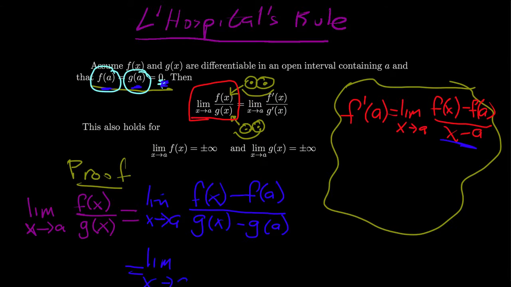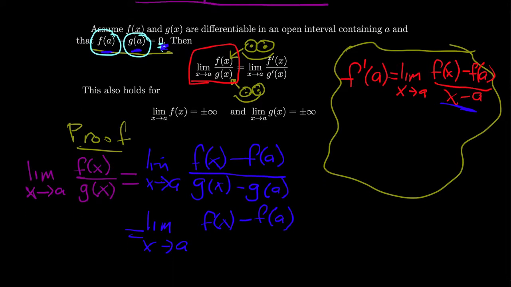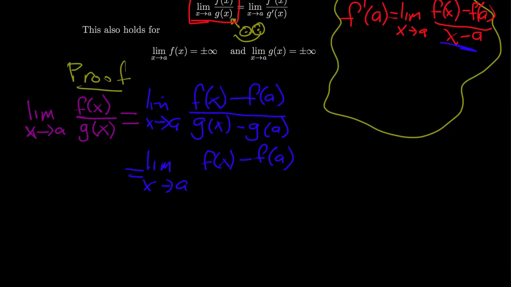So check this out. Limit as x approaches a of f of x minus f of a over g of x minus g of a. Let me scroll down here. It's not very easy to draw on the tablet.